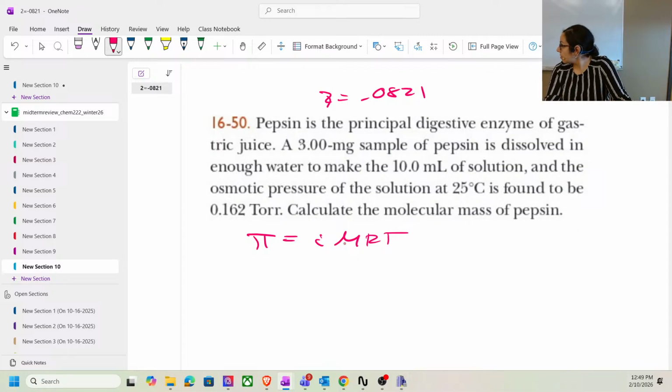And then you want to just plug it into our van 't Hoff equation for this one, where our osmotic pressure is equal to, and like we said, our van 't Hoff factor is just 1 for these cases, since we'll make it easy and just do non-electrolytes.